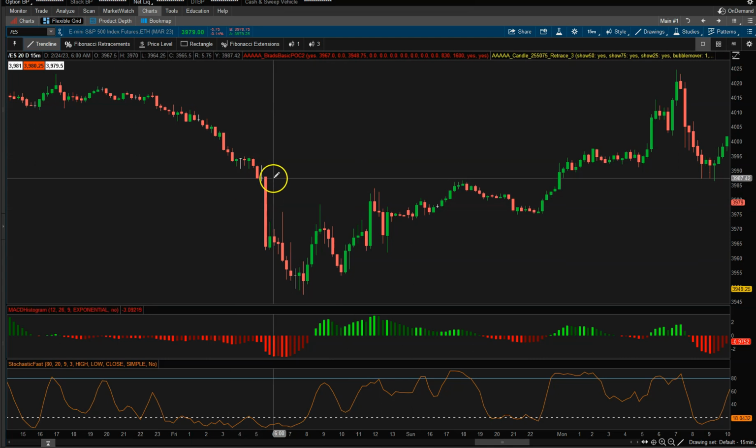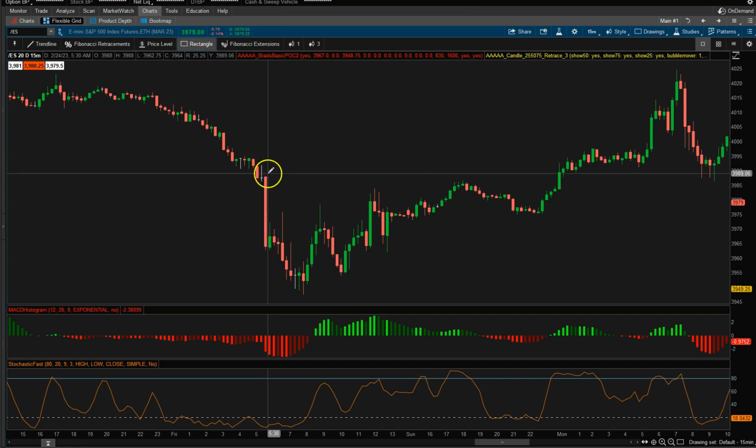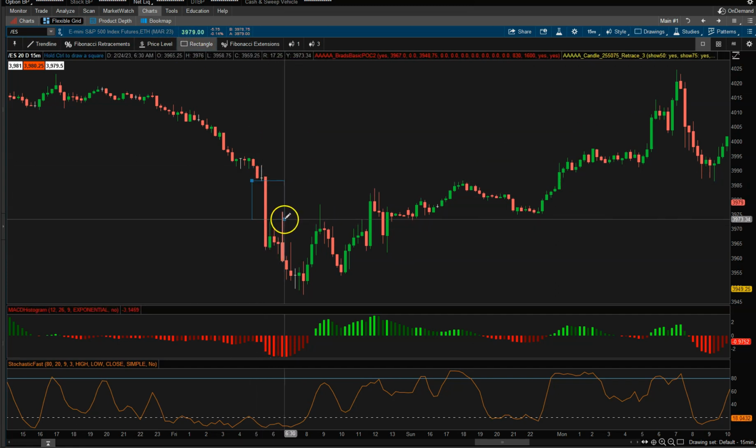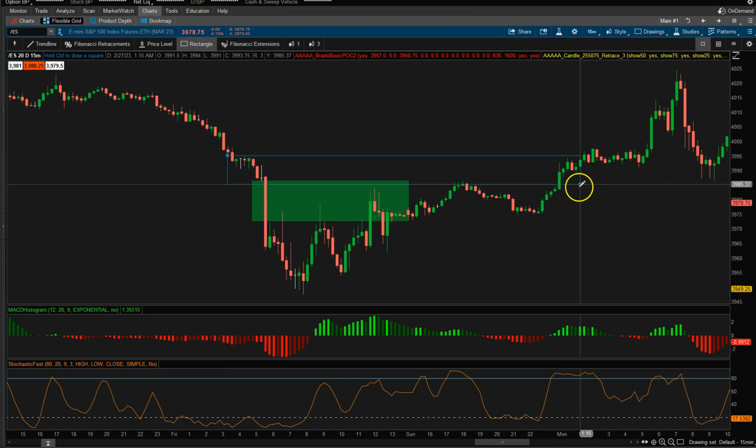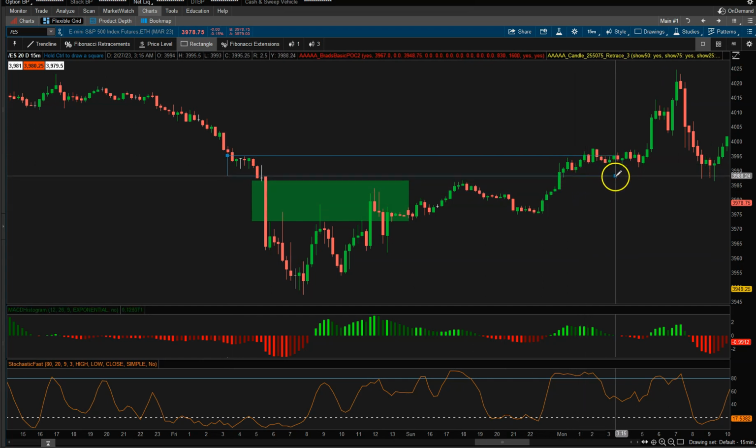But what they are is an imbalance. And I've talked about fair value gaps, right? Here's a fair value gap right here, where you have a supply zone right above here.